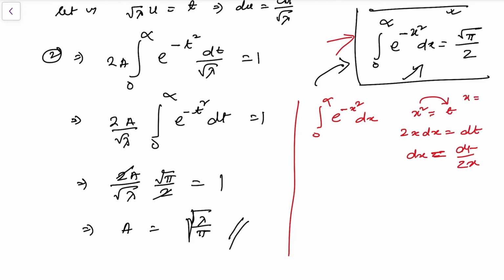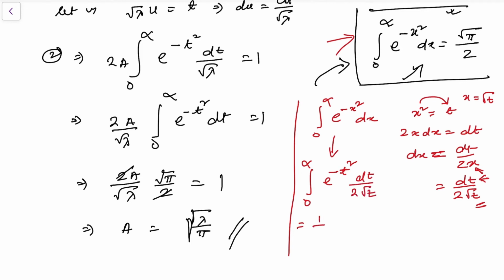So if x square is equal to t, then x definitely will be root over t. So we can replace the x by root over t. In this, x is being replaced because here it is dt, so that's why we have to write this one in terms of t. So this becomes integral from 0 to infinity e to the power minus t, dt by 2 root t.